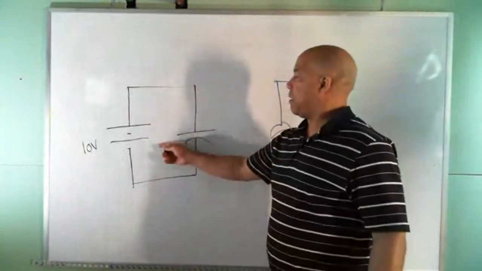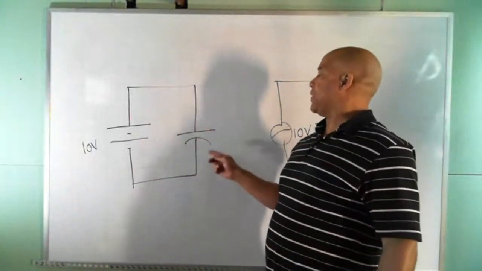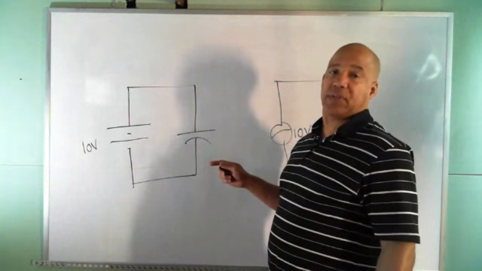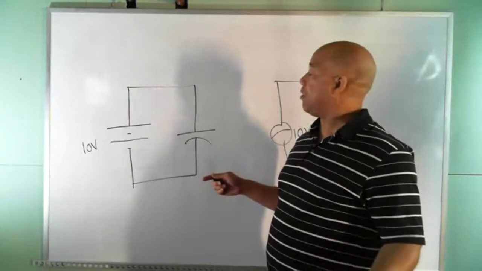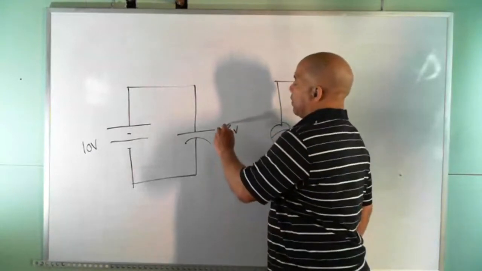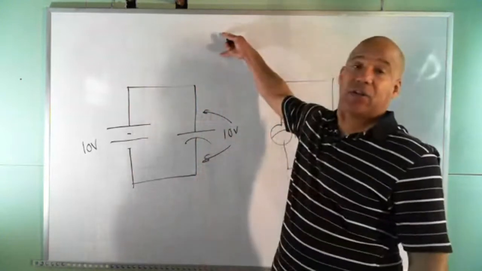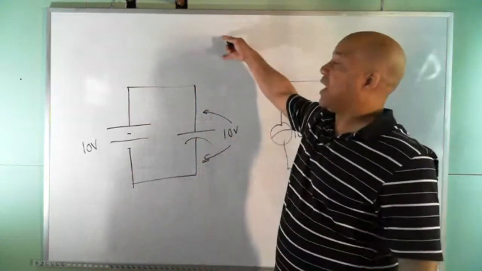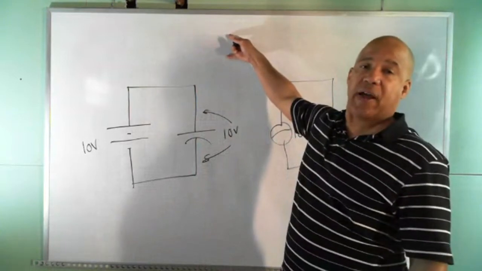When I hook this up, especially since I don't have a resistor in series with it, that capacitor is going to quickly charge up to 10 volts, and then it's going to stop. The current will stop flowing. It'll hold that 10 volts as long as it's hooked up in the circuit. Matter of fact, if I take it out of the circuit and set it on the table, it'll still hold the 10 volts, and if I have a perfect capacitor, it'll hold it forever.